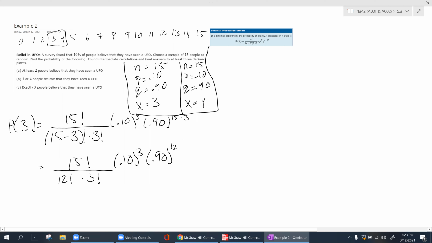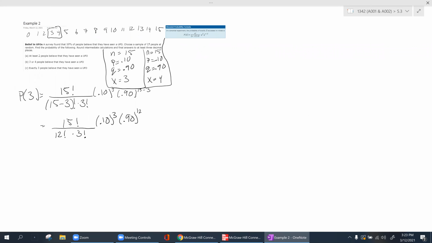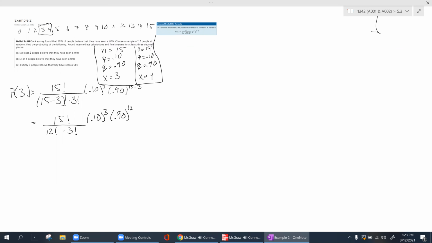Very nice. So here I'm going to slow down a little bit. Of course, I want these factorials to cancel out. The more they cancel out, the easier the work is for us. So that means that top factorial, I'm going to stretch it out up to 12 factorial, because if I have that, it ends up canceling out.